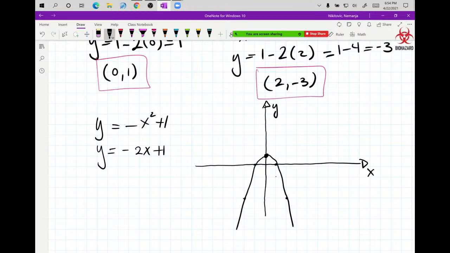So 2 units down, 1 unit over, 2 units down, 1 unit over. So that point, that point, that point, and draw the negative slope line. You can see intersection here, (0, 1). You can see intersection here, (2, negative 3), because that's 2 and that's negative 3. So it works, right? I mean, it has to work, obviously. It has to work, whether you do it graphically or not.